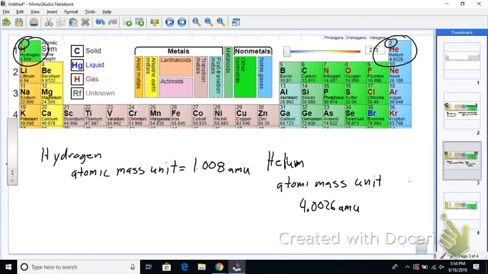We can take oxygen. And oxygen has 8 protons in its nucleus at atomic number 8. But it also has an atomic mass unit of 16. So if we've got oxygen, it has an atomic mass unit that's going to be roughly 16.